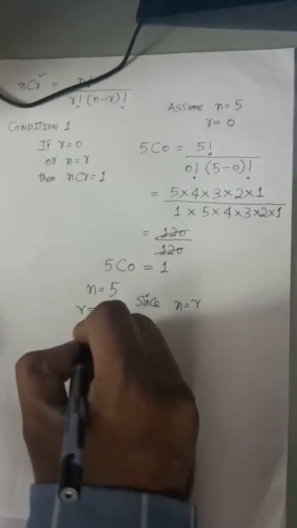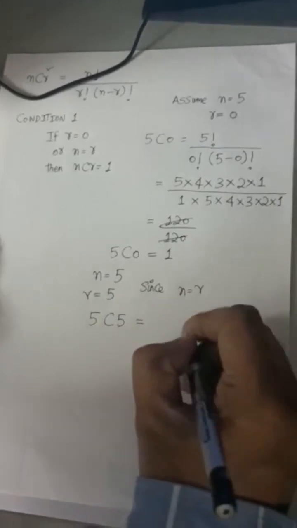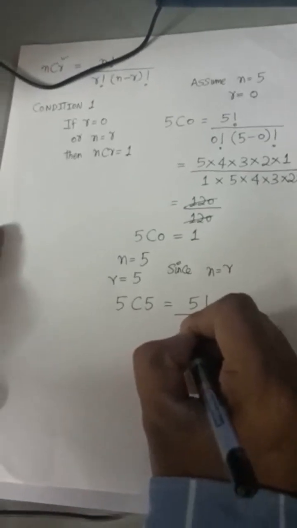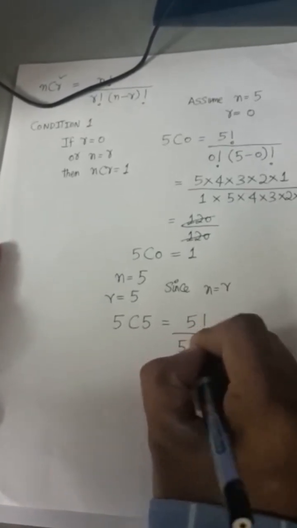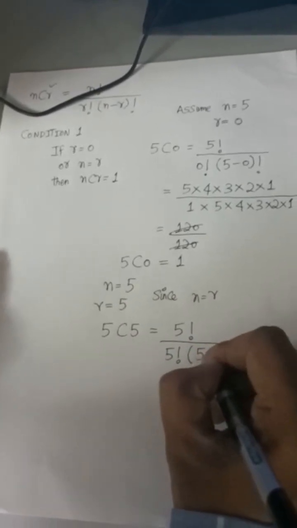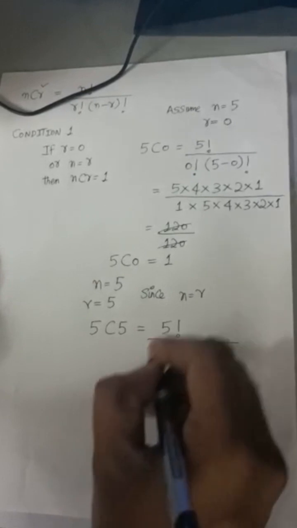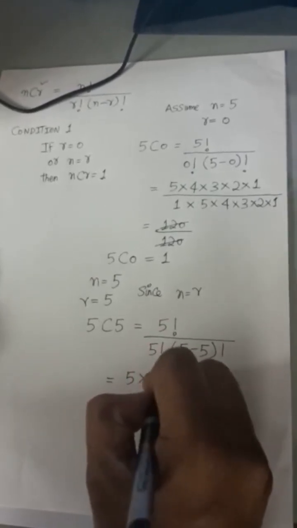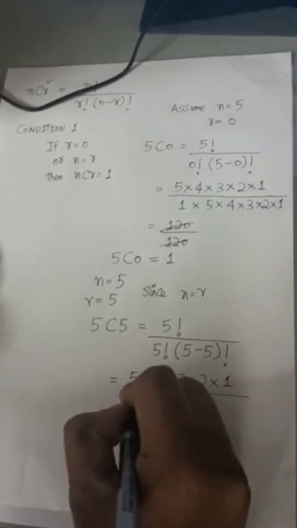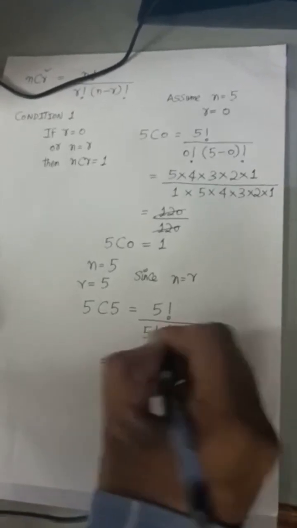So what will we get now? 5C5 is equal to, n is 5, so it will be 5 factorial divided by r which is again 5 factorial, then n minus r, 5 minus 5 factorial. So 5 factorial, how will we write? 5 into 4 into 3 into 2 into 1 divided by again 5 into 4 into 3 into 2 into 1. The value for 5 factorial I have written.